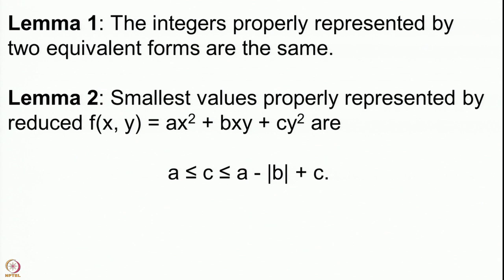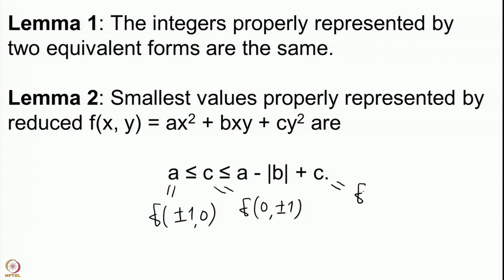So, you have A less than or equal to C, which is less than or equal to A minus mod B plus C. Here we see that our integer A is attained at plus minus 1 comma 0, C is attained at 0 comma plus minus 1, and the last is attained at f of plus or minus 1 comma plus minus 1. The sign for the last one will depend on whether B is positive or not.